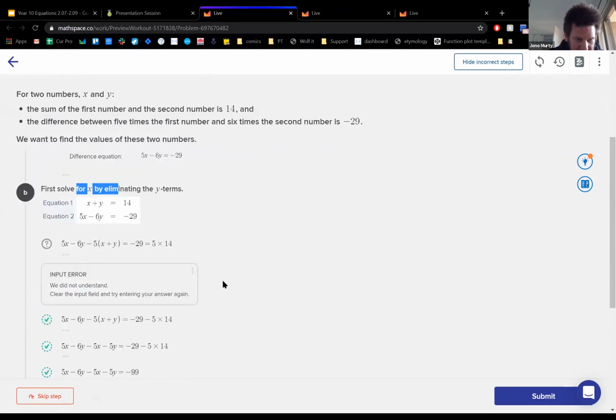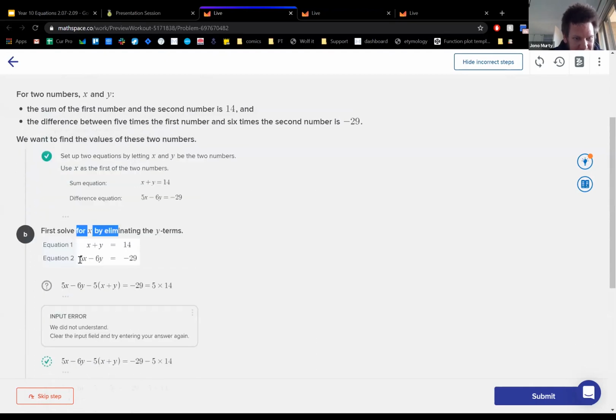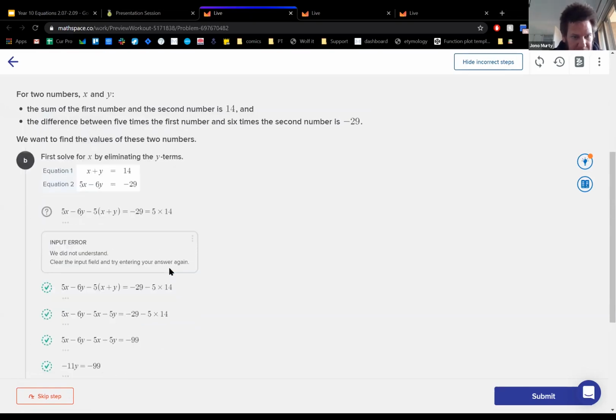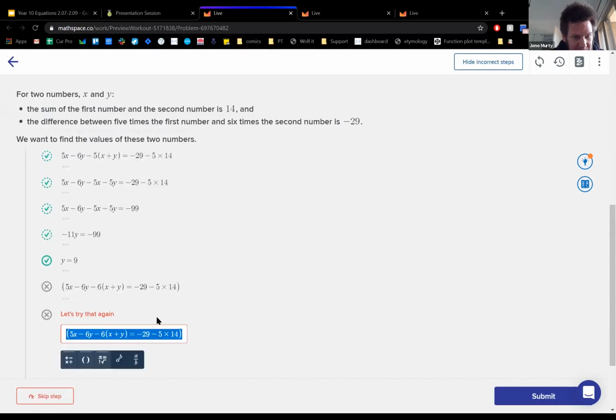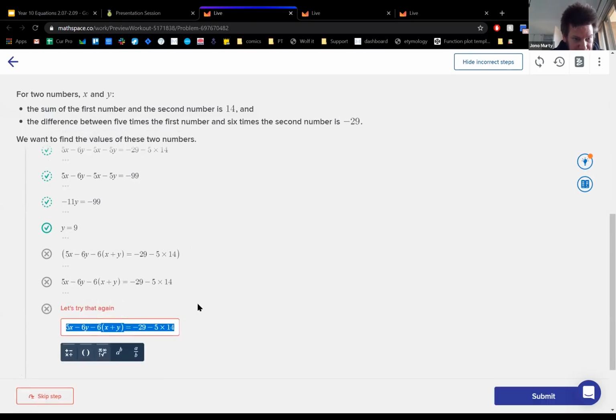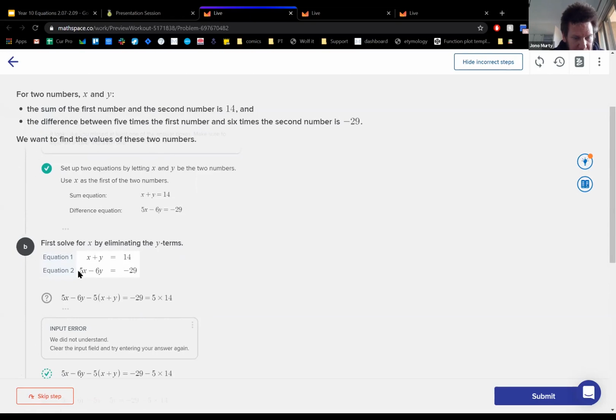Oh, they wanted me to solve for x. No wonder this is not working. All right, let's do it the other way. 5x minus 6y minus 6 times x plus y equals minus 29. Back to this line again. Getting messed up here.